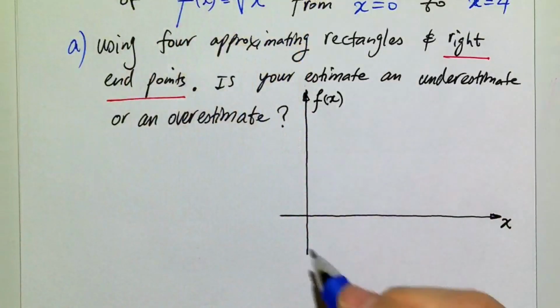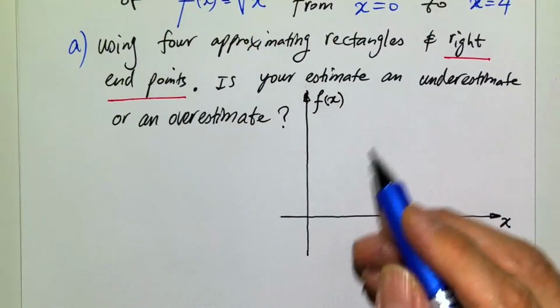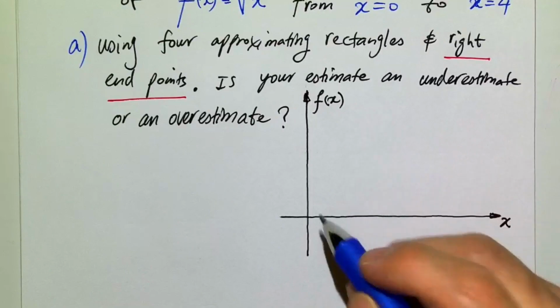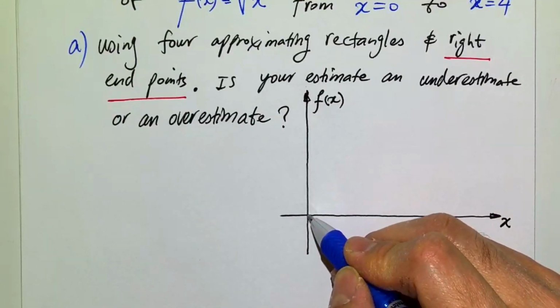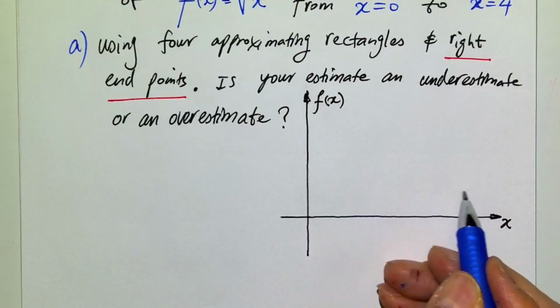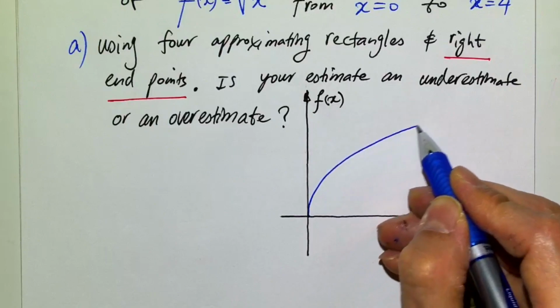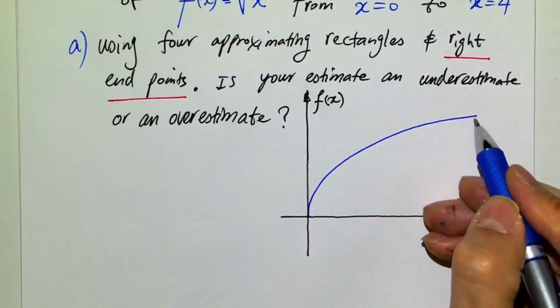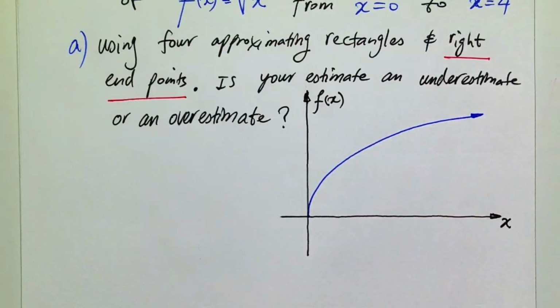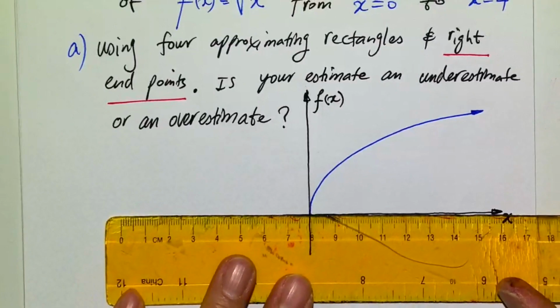I'm going to exaggerate this curve a little bit to make it easier to draw the rectangles underneath it. It's a lot flatter than what I'm going to draw, but it's just going to make it easier to show the rectangles like that. And we're going to go just from 0 to 4.